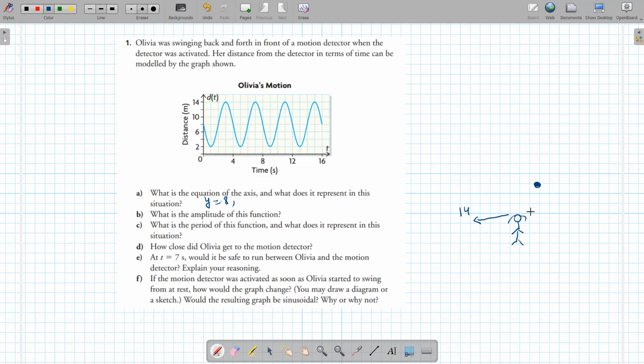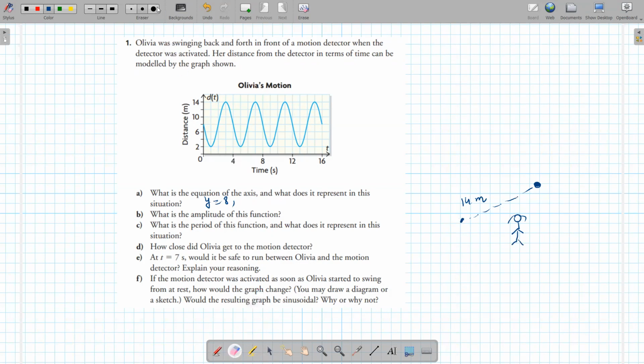And then she's swinging towards the motion detector, and the distance from the motion detector to this point will be 2. So let's say she swings back, that distance there is 14 meters. So 8 is when she's not swinging. Right, 8 is going to be her equilibrium point, when she's not swinging.